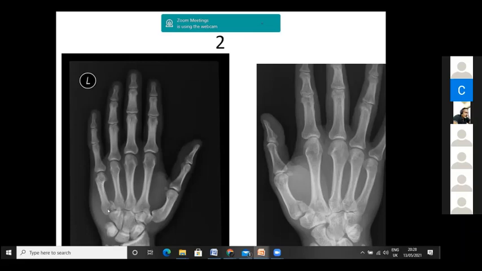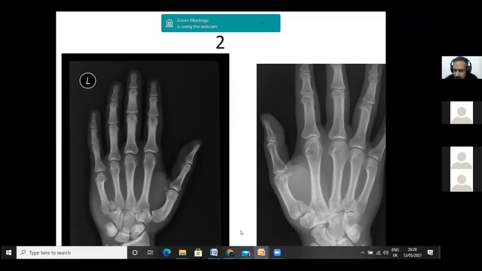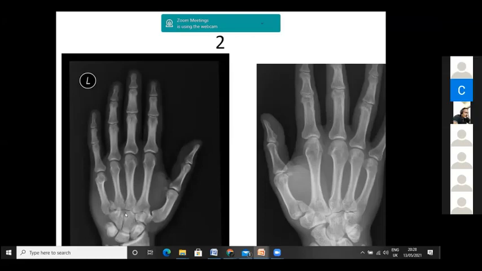Okay, so here the fracture is in the base of the fifth metacarpal, and there is a deforming force. You can see this is pulled up, and this fracture is something like a Bennett, and it is called a reverse Bennett fracture. So Johnson, can you identify which muscle or tendon insertion pulls this fragment down?